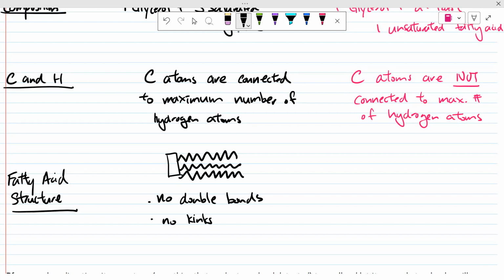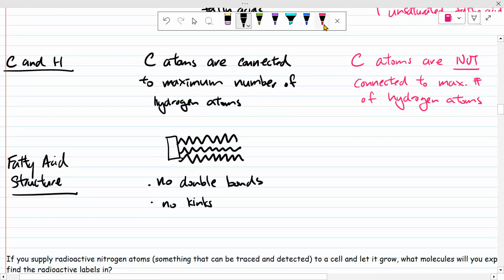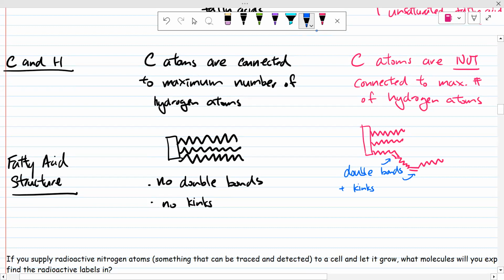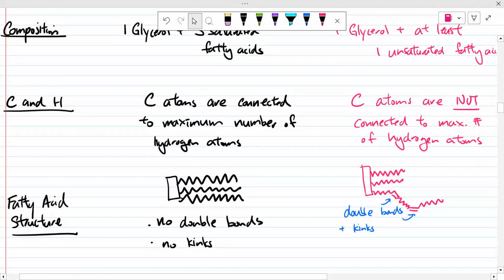That's what kinks means. So this one has double bond and kinks.